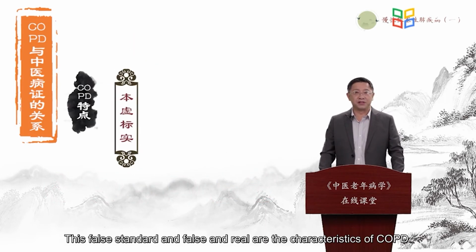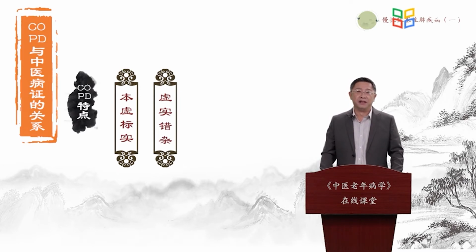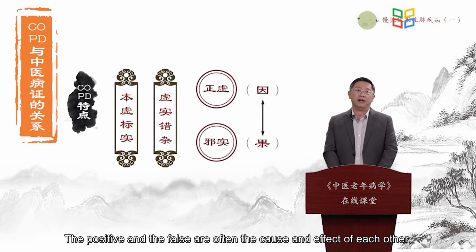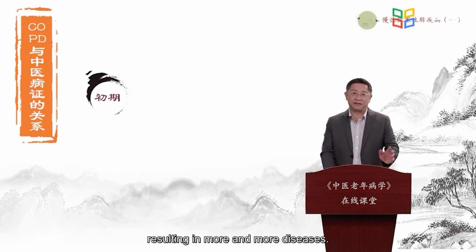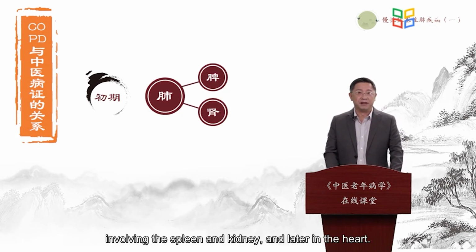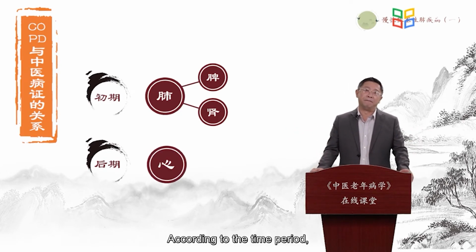These deficiency and excess patterns reflect the characteristics of COPD. Excess and deficiency are often the cause and effect of each other, making the disease worse and worse. The disease is in the lungs at the beginning, involving the spleen and the kidney, and later the heart, according to the time period.